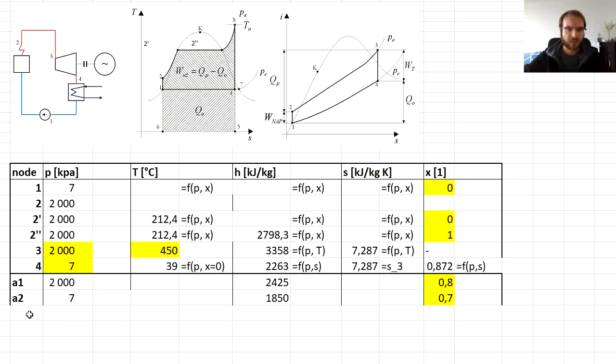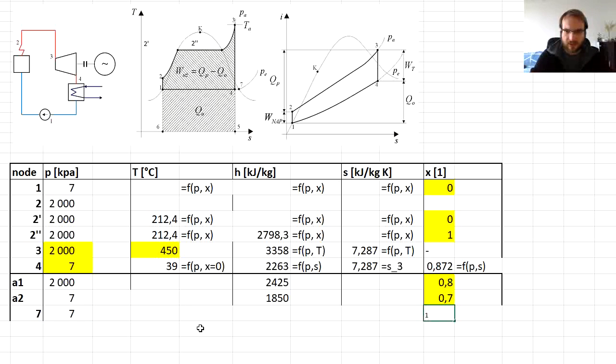And the last auxiliary value that we will use is the point number 7. You can see it over here in the TS diagram, for example, the point at the low pressure and at the saturated vapor. So the point number 7 is at 7 kilopascals.